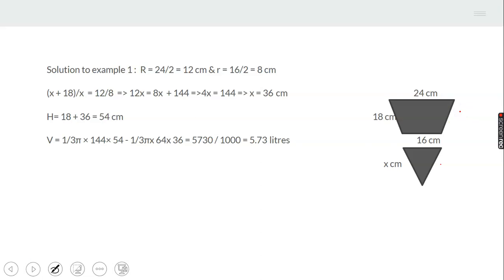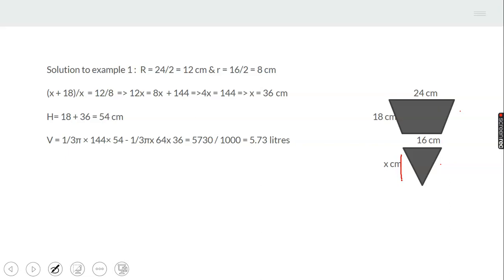This is the height of the bucket, this is the diameter of the top, and this is the diameter of the bottom of the bucket. It will be the diameter of the cone that is cut off from the bigger cone where you get the frustum. Let the height of this cone that is cut off be x centimeter.